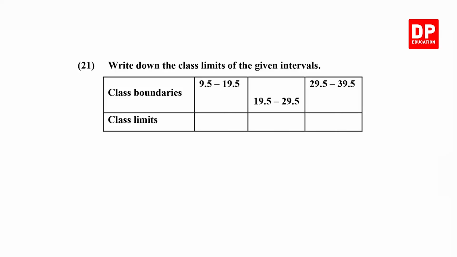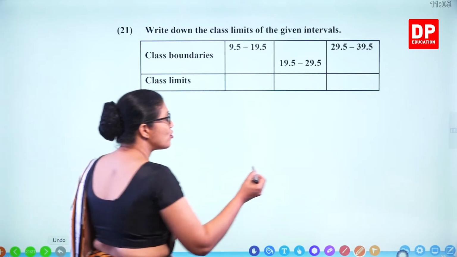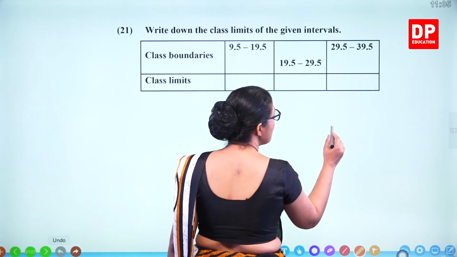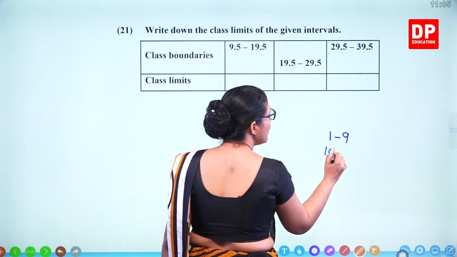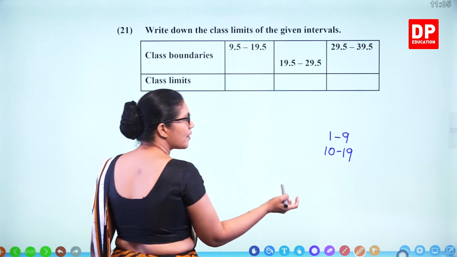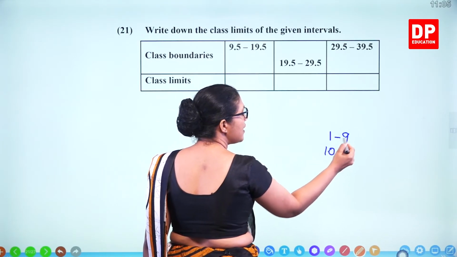So question number 21 is about class boundaries and class limits. Write down the class boundaries of the given interval. So you already know how to convert class limits to boundaries. 1 to 9, 10 to 19, something. You add these two and divide by 2.